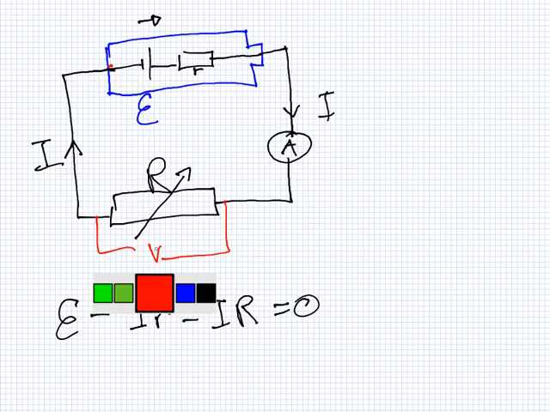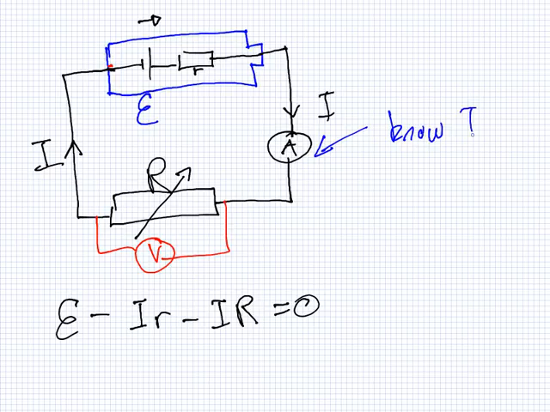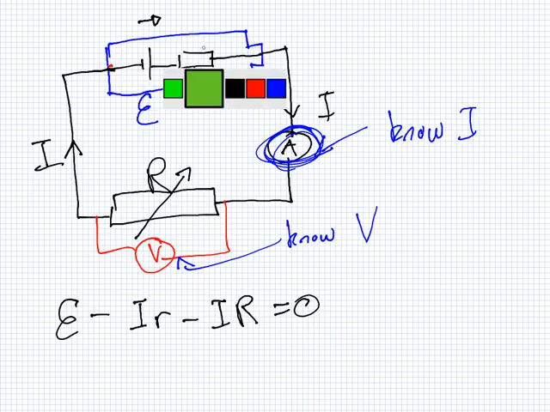Now, the way this experiment works is that you can, of course, know the I because you can see it here, and of course you can know the V. So what do you not know? The r, you don't know this. What else?